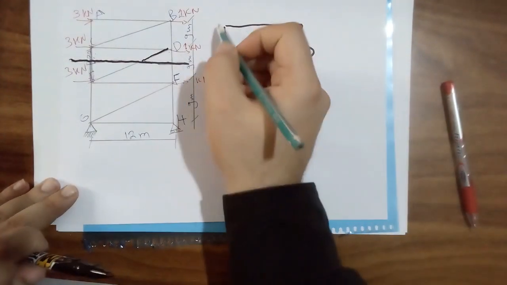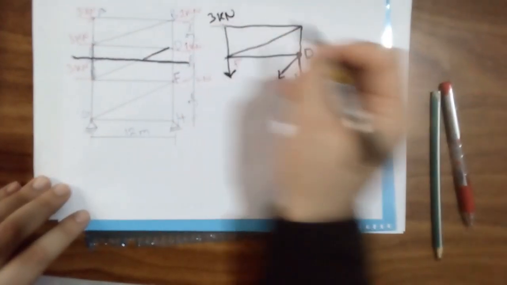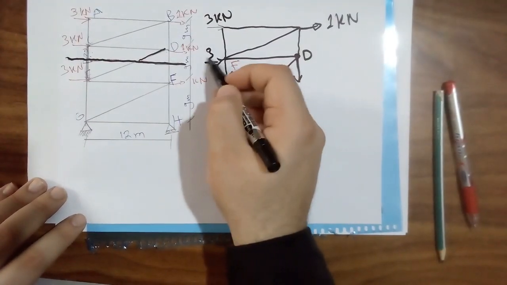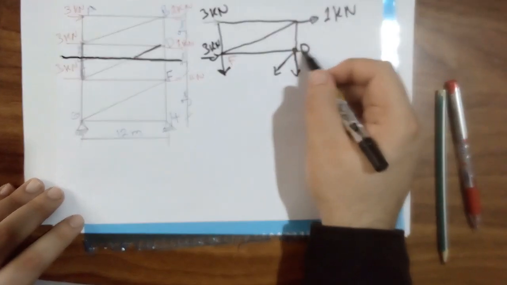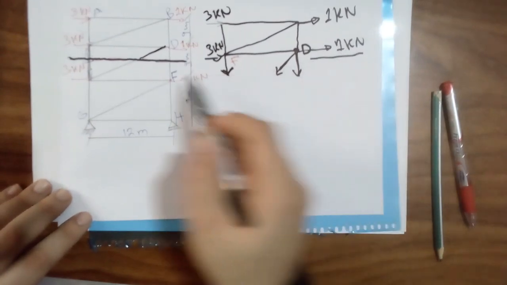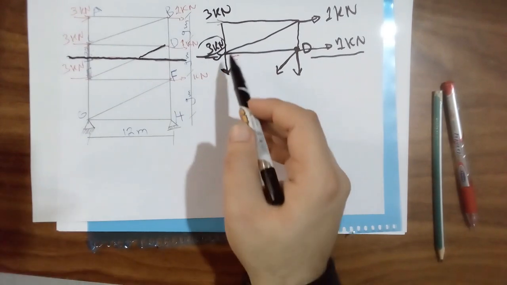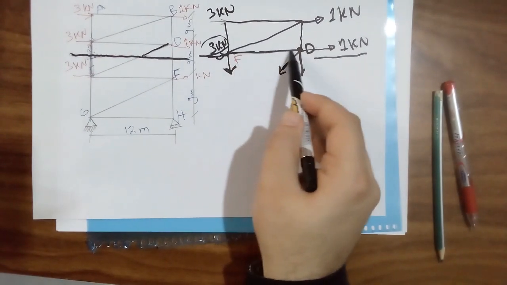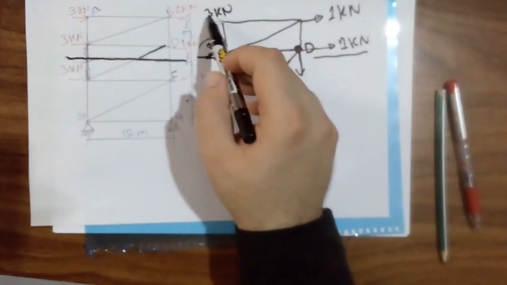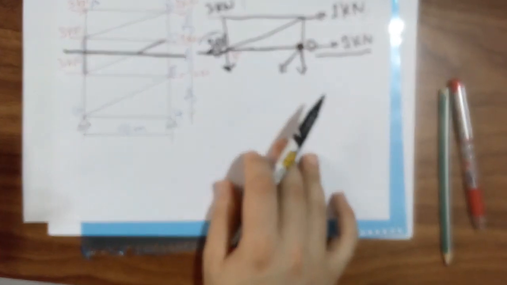So here we have 3 kilonewton, here 1 kilonewton, here 3 kilonewton, and finally here 1 kilonewton. You don't have to use this one and this one because there is no lever arm for these forces around point D. You only have to use the 3 kilonewton and 1 kilonewton and the required force F.